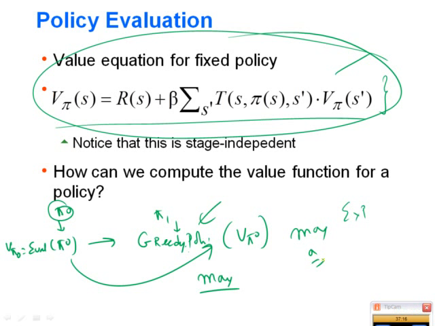If you just took the max, you would have been doing the Bellman update. Do you understand what I'm saying? So you just split what you were doing in value iteration into two pieces. One piece becomes the new policy, the other piece is evaluating that policy.